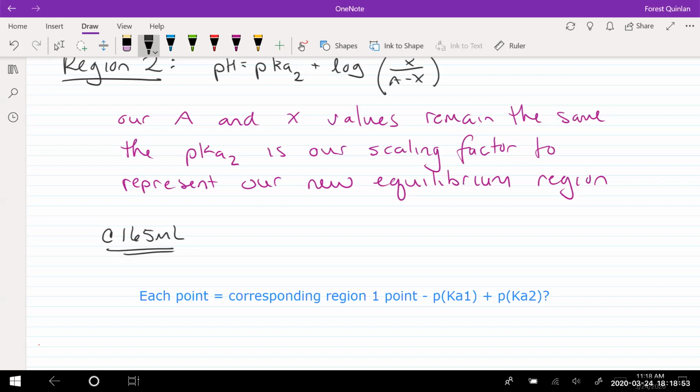he says each endpoint equals corresponding region 1. Oh man, Dallas, I wish you had a mic. I don't understand that question. Dallas, go get a mic. I think what he's trying to say is that you just add the difference between the pKa's. I'm going to say probably, and we'll see if that falls out.